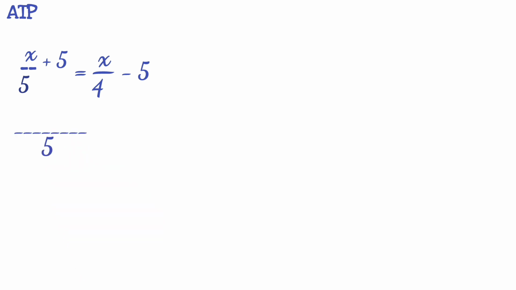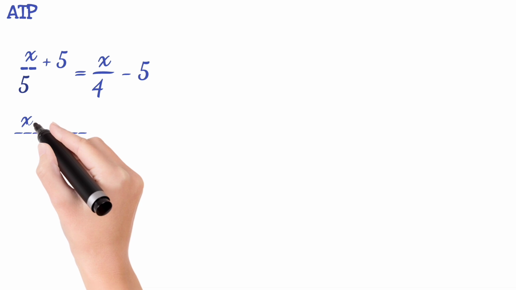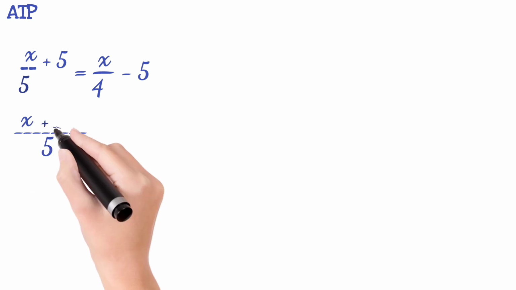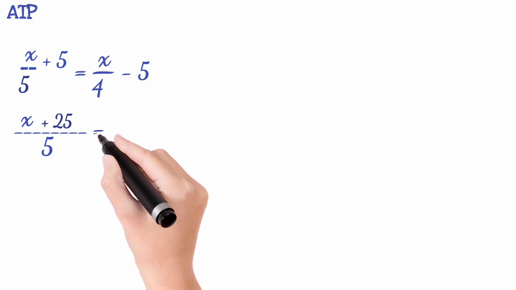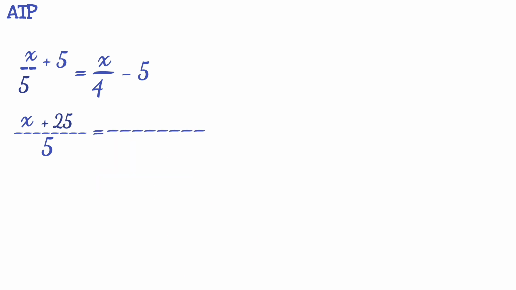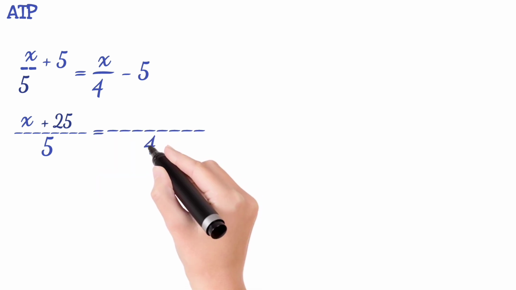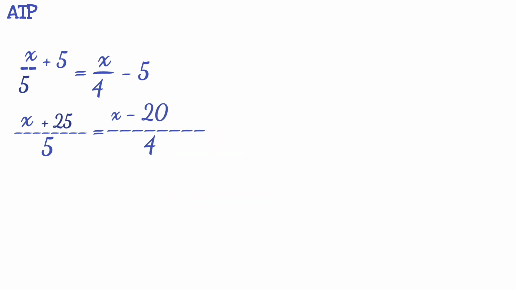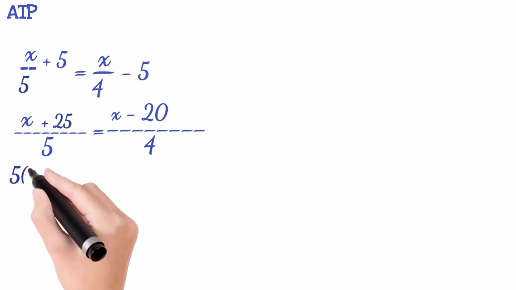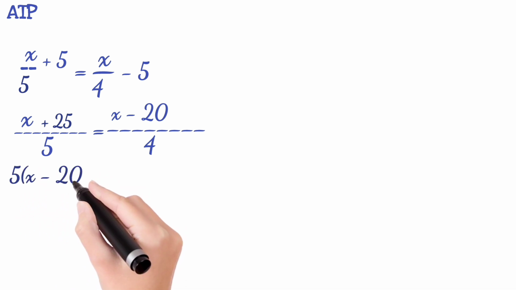Now simply you see the left side, 5 is the LCM. So 5 times 1, x plus 5 times 5, that is 25. Same way here, 4 is the LCM. 4 times 1, x minus 5 times 4, that is 20. Now what we will do? We will do cross multiplication for finding the value of x.